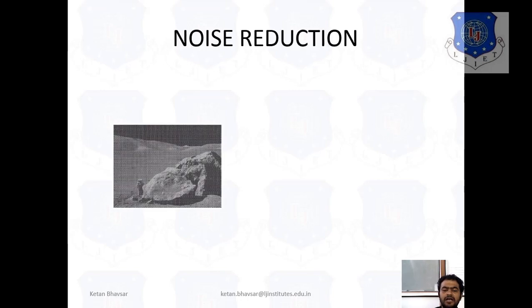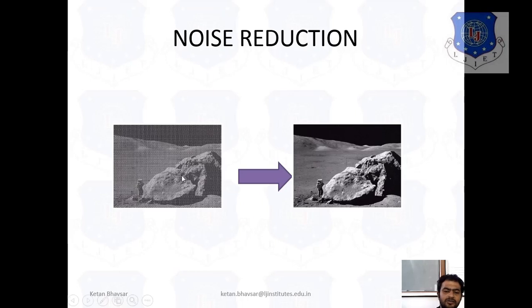Now first of all, how actually does noise enter? You can see your images look like this in noisy conditions. This one is your original noisy image, and after restoration we try to achieve this type of image. It is practically very difficult to achieve this, but definitely we try by using different types of filters.